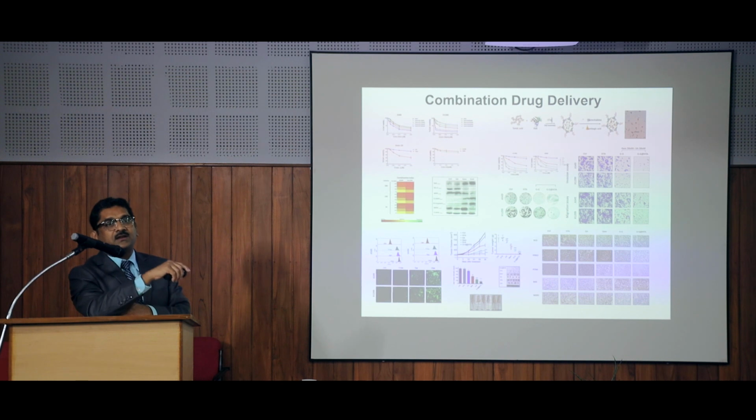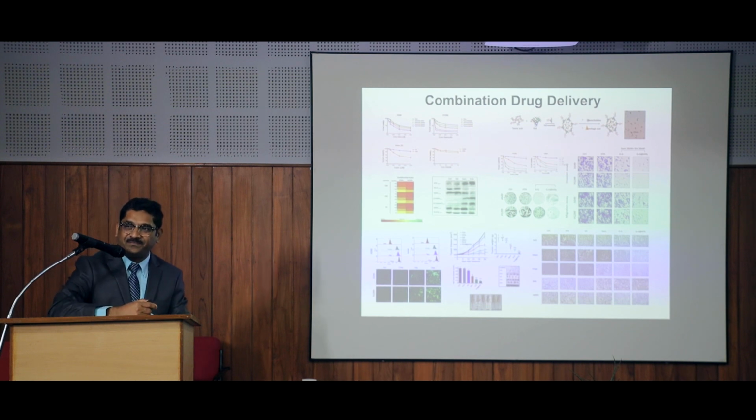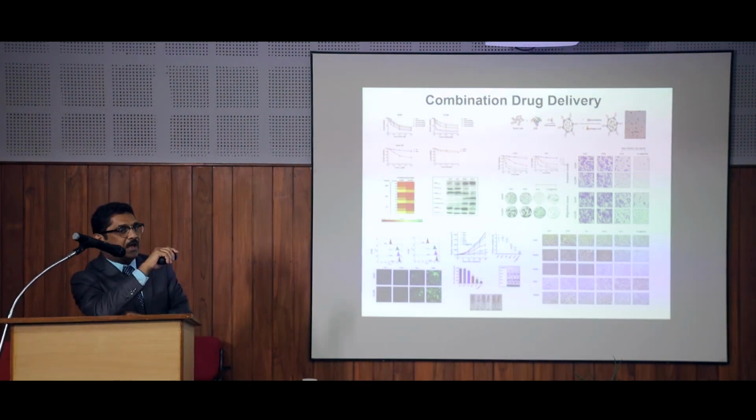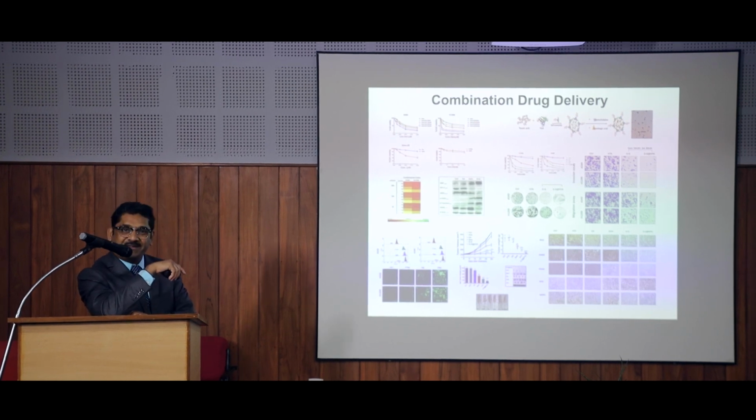So we are testing to reduce the amount of gemcitabine required for treating lung cancers. On the other hand, we can also think that the cancer cells, after 6 months of treatment, develop resistance to that particular drug. The nanoparticle construct we use is, again, tannic acid based.